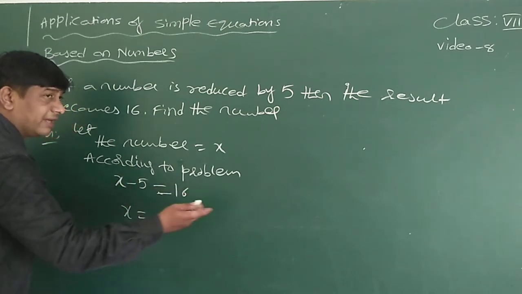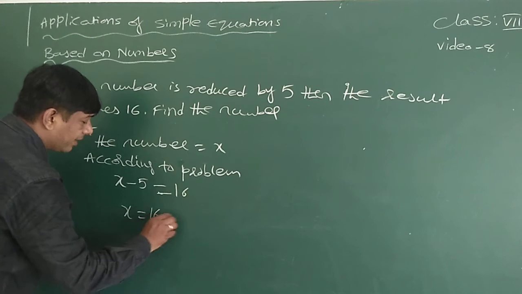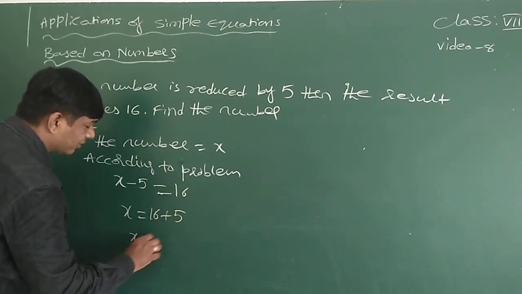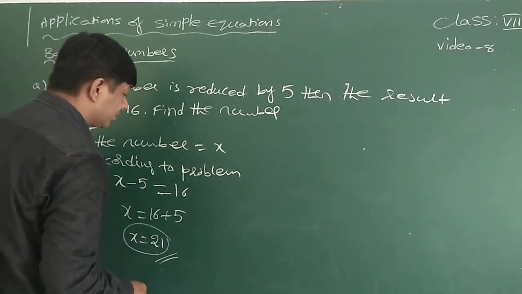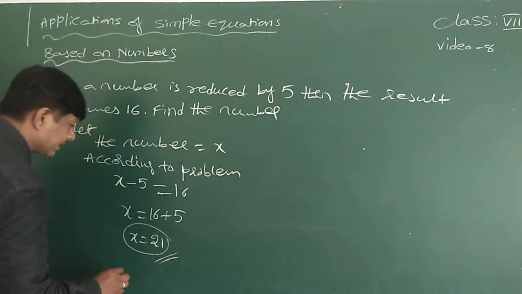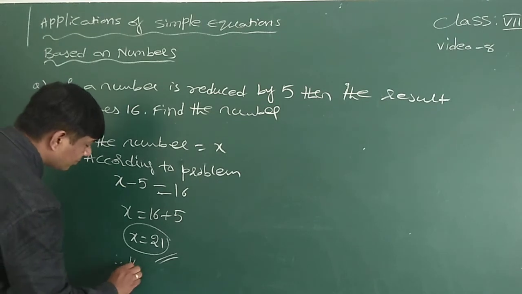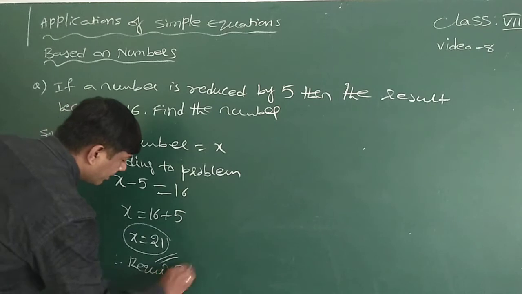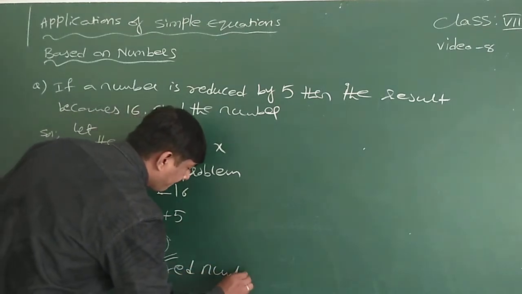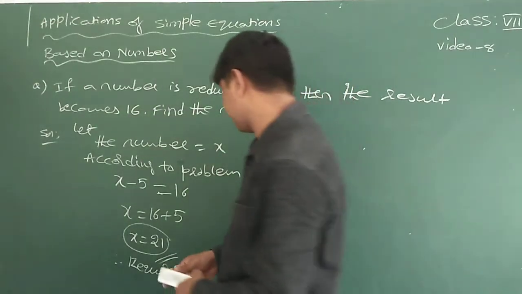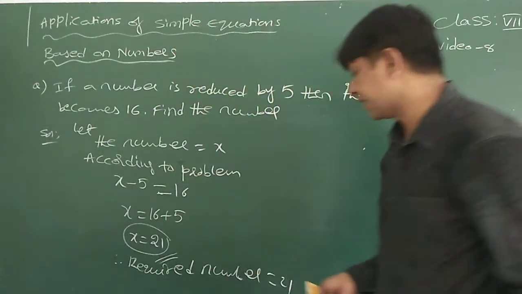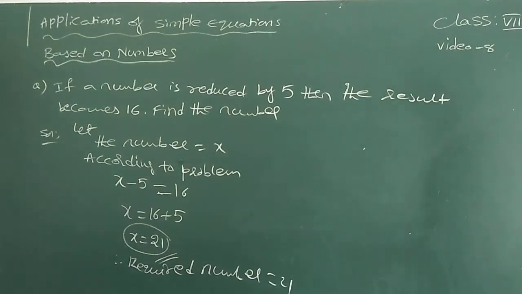Now I got a standard form. Transpose this: x is equal to 16 plus 5, which is 21. So the required number is equal to 21. Please note down.